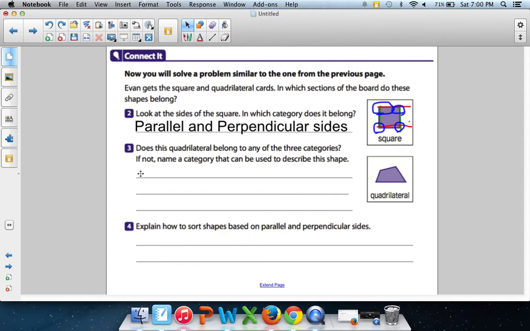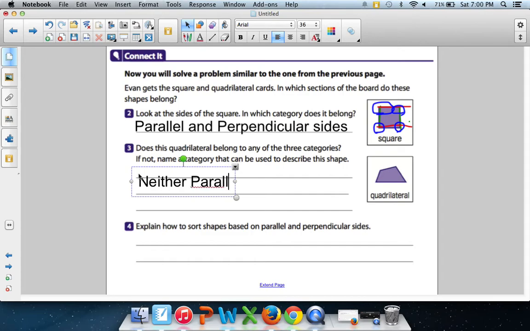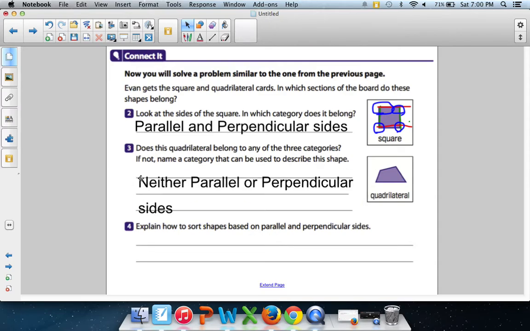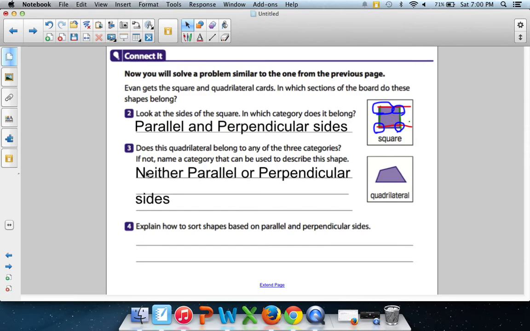We need a category of neither. Neither means none. Neither parallel or perpendicular sides. Doesn't have either of those things. So that's the category you belong in, quadrilateral. Alright, let's move on.